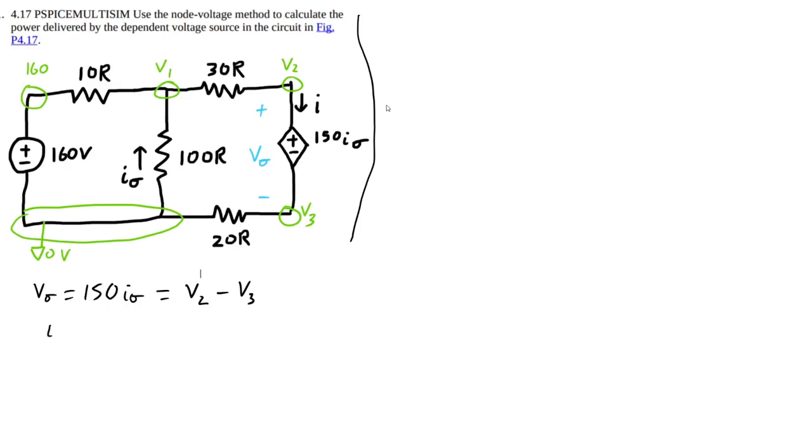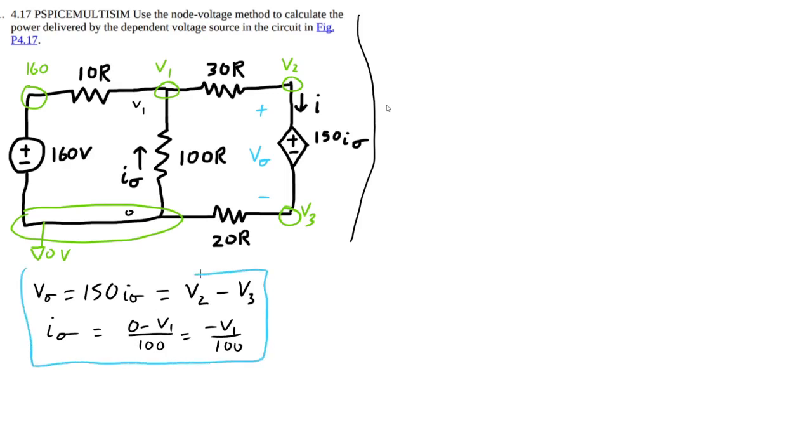We can also quickly come up with an expression for I sigma. Notice it starts at 0 and ends over here. So 0 minus V1 over 100. So I sigma is V1 over 100. Okay, now we're going to get to the nodal part. These equations we're just going to need later, so I'm going to hold on to these.